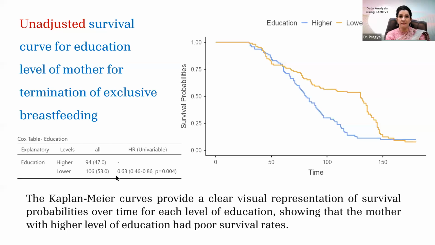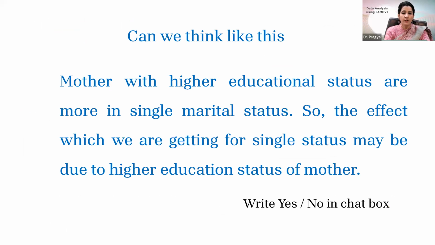If it is less than 1, we can say it is protective, meaning a lady with lower educational status is protective for termination of exclusive breastfeeding. The Kaplan-Meier curve provides a visual representation of the survival probability over each level of education, showing that mothers with a higher level of education had poorer survival rates. This was regarding the univariable survival analysis, or univariable hazard ratio.